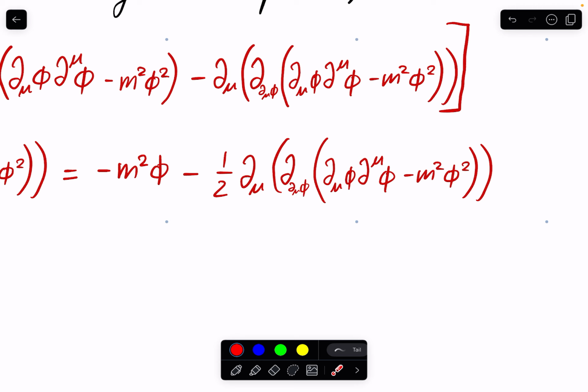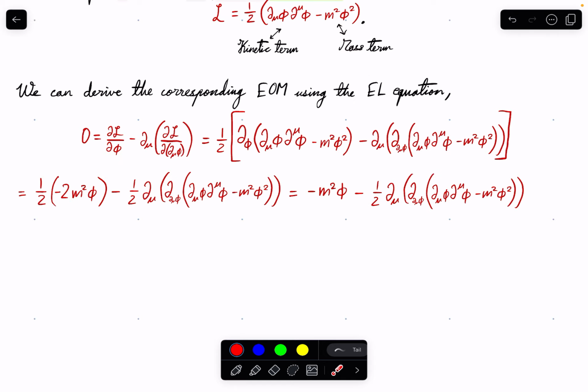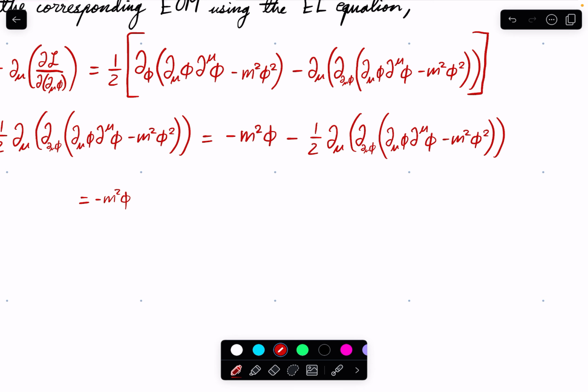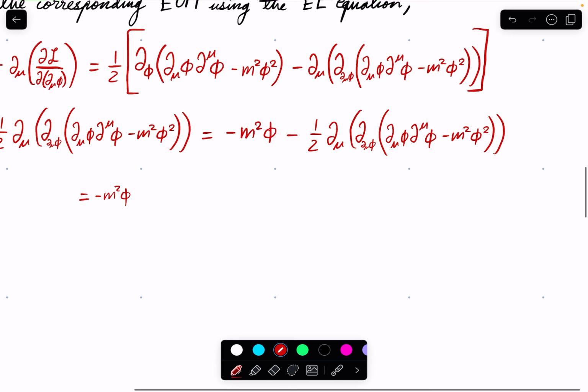Well, this is where you have to use some tensor mechanics knowledge. Let's just go to the next line, and we need to recall some property.